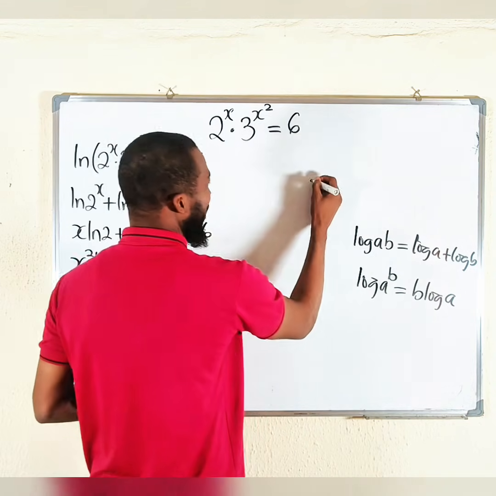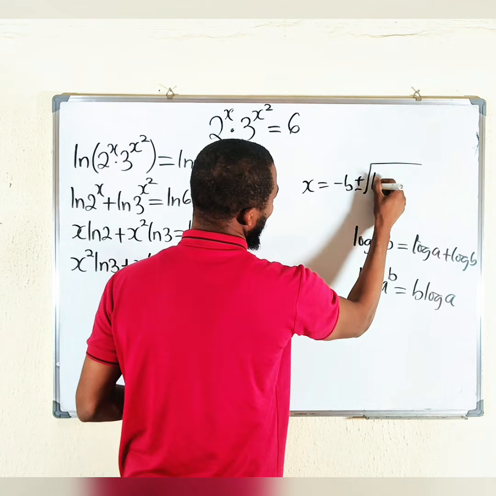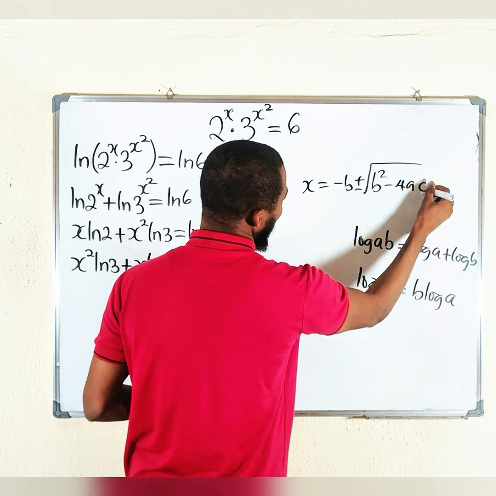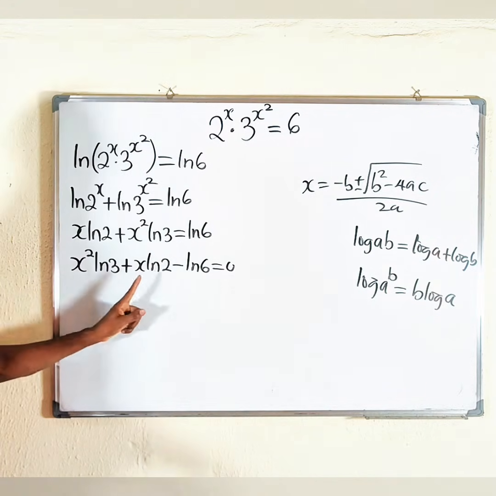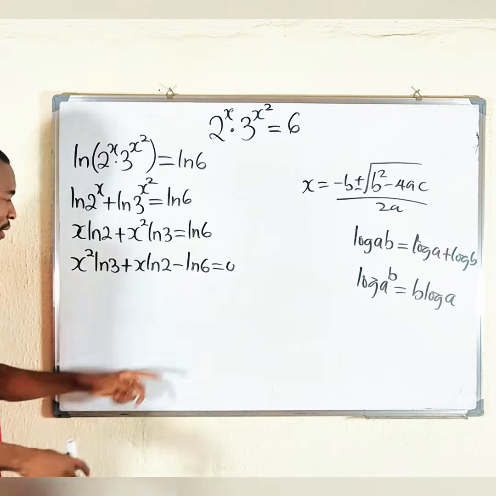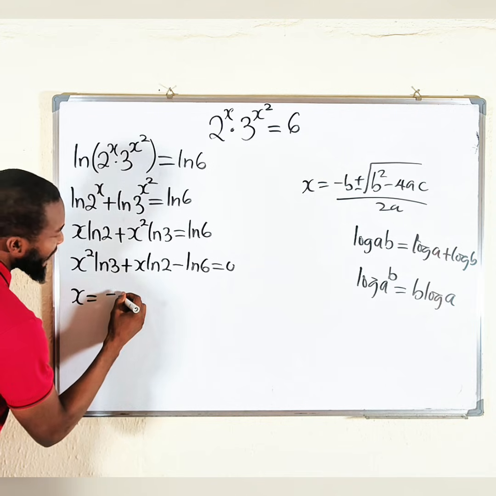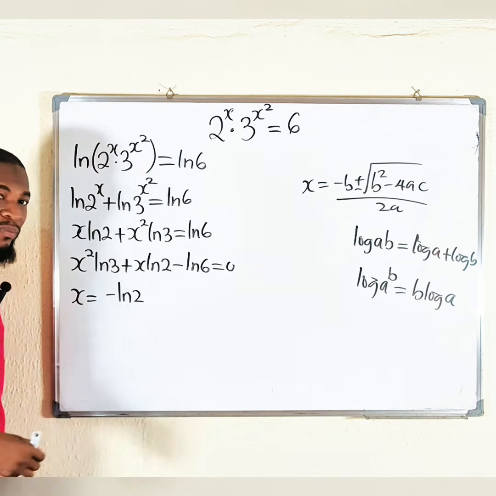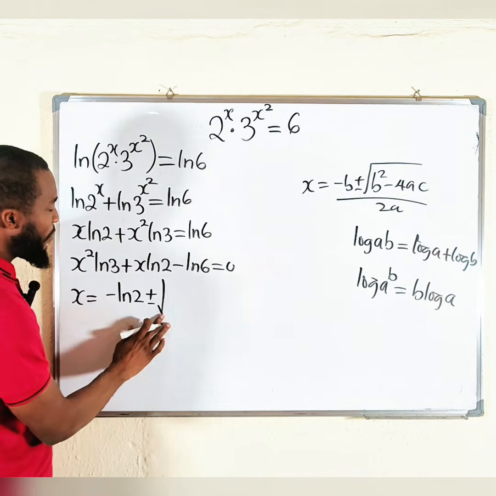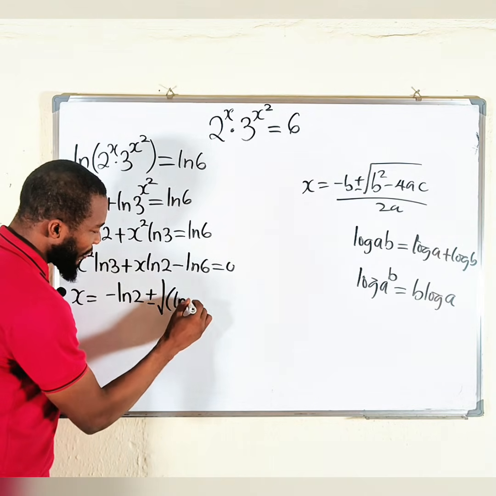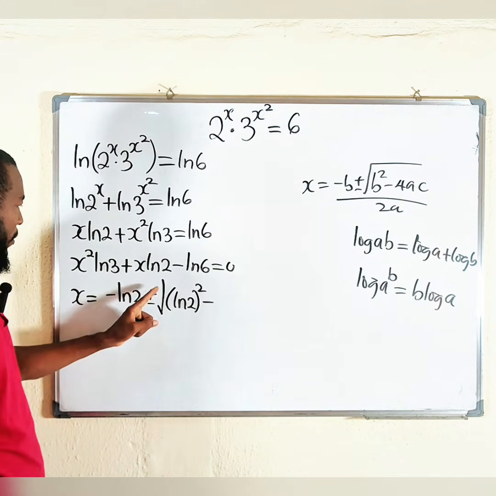Remember the formula, right? Which stated that x is equal to minus b plus or minus square root of b squared minus 4 times a times c, divided by 2a. We are going to apply this formula. B is natural log of 2. So x is equal to minus b, that is minus natural log of 2, plus or minus square root of what? B squared, that is natural log of 2 squared, minus 4ac.